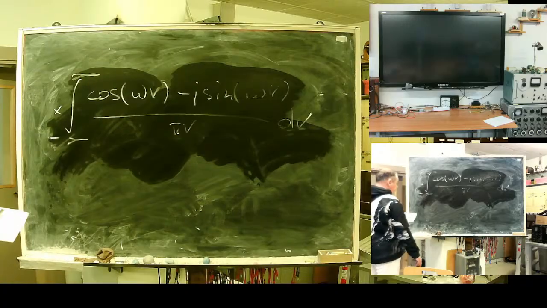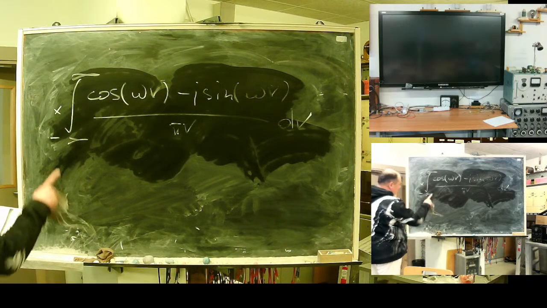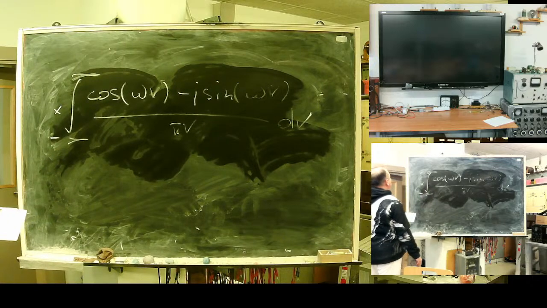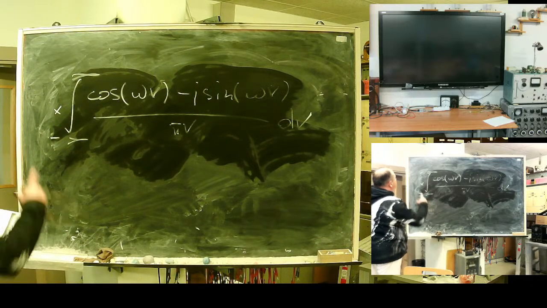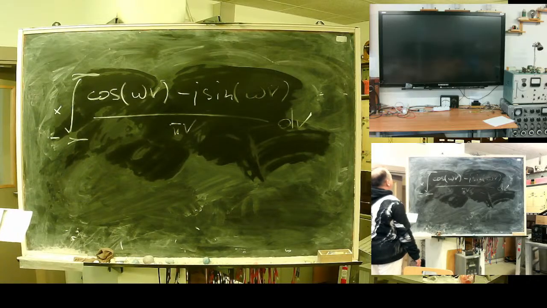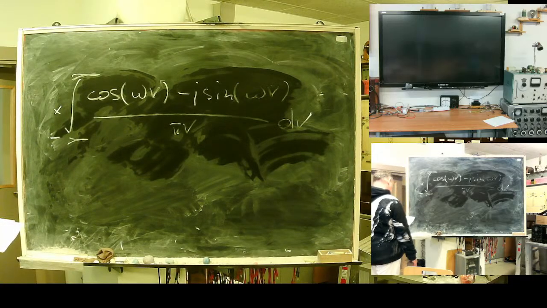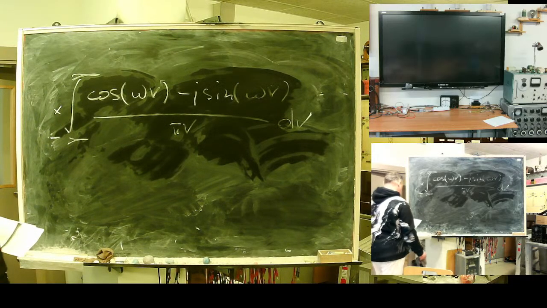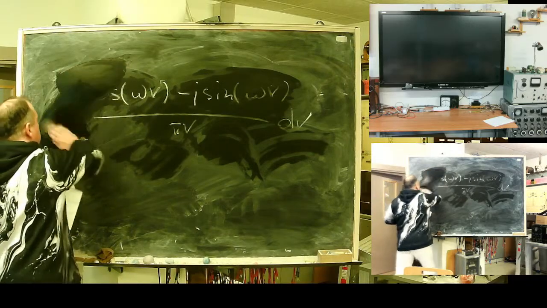On the other side, this one is plus or minus j, and the previous one is the spectral function of my signal.